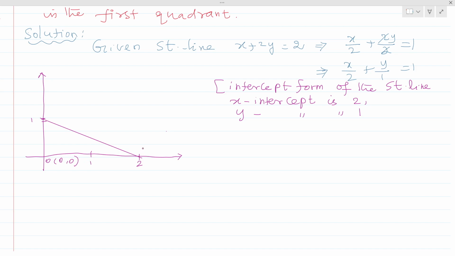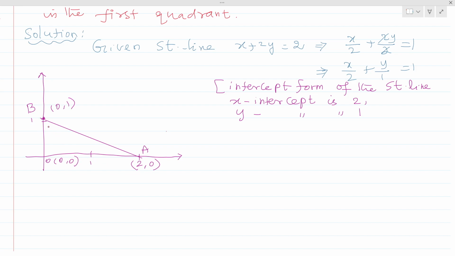We can take this as point A. The point A is 2 comma 0, that means y is 0. And then here we can take this as point B. Point B is 0 comma 1.